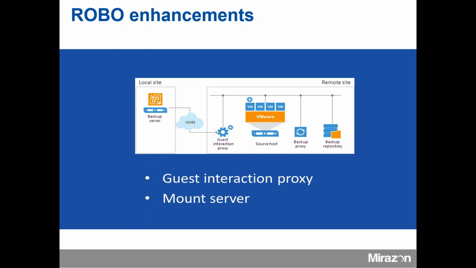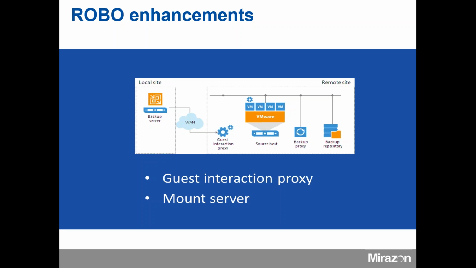Well, now we can delegate a role, like Jason was saying, with the guest interaction proxy to keep all of that interaction local to the remote site. It allows you to do a couple things. You don't have to pull anything over the WAN, so that's super important. Also, if you need to do any indexing of virtual machine data, or scale out resources to distribute workloads, it works extremely well.